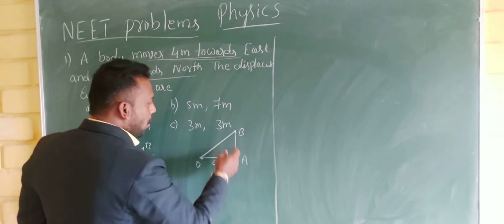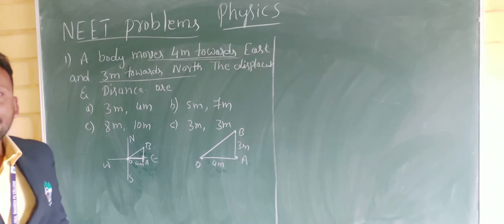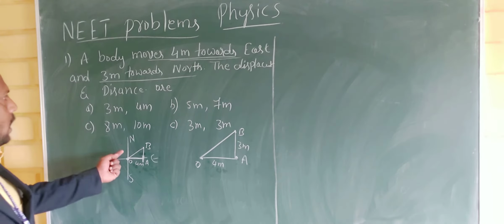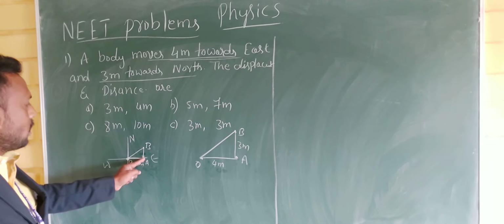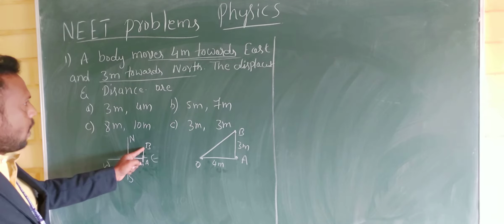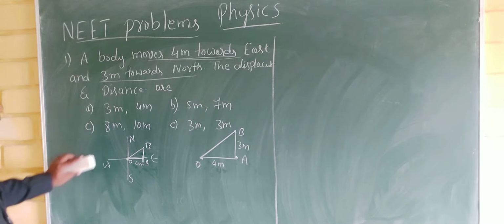From point A to point B is 3 meter. What is the distance and the displacement? A body moves 4 meter towards east, 3 meter towards north. The displacement and distance of the particle is how much?